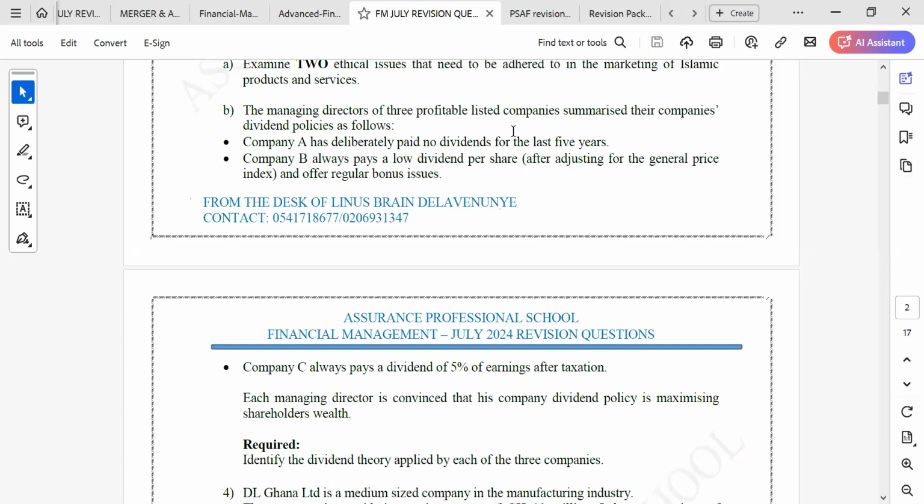Residual: if you have a profitable investment or anything that you are going to be happy with, use the money for that particular thing first. If there is any amount remaining, then you can decide to declare a portion of that amount as a dividend. They believe you can undertake the project.